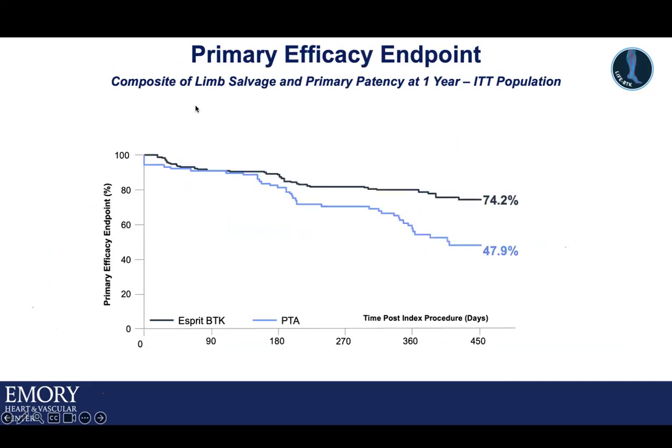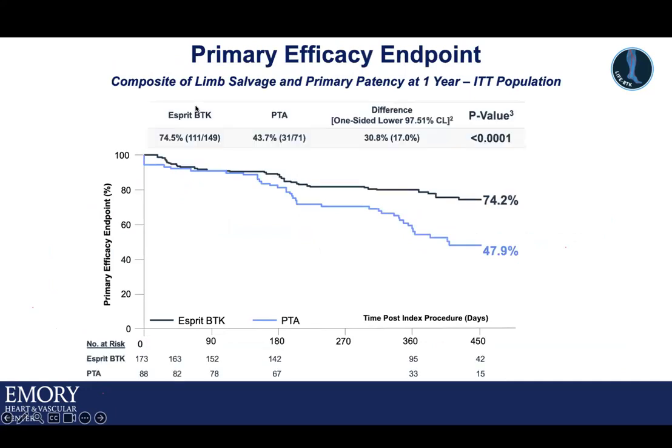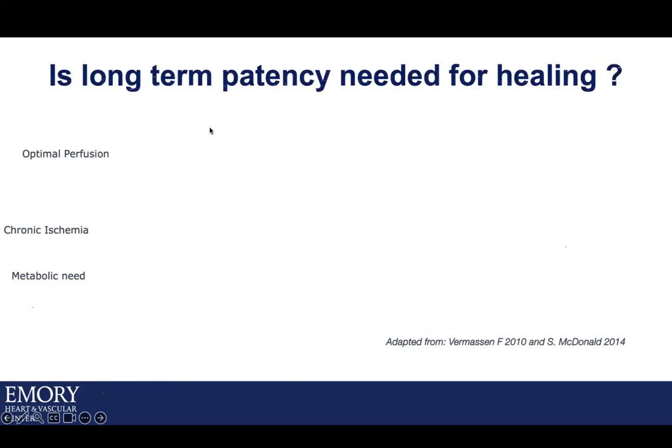And this is the primary endpoint: 75% of patients with the scaffolds versus 50% in the ballooning. So the primary patency at 1 year and amputation risk was much better with scaffolds versus below-the-knee ballooning.